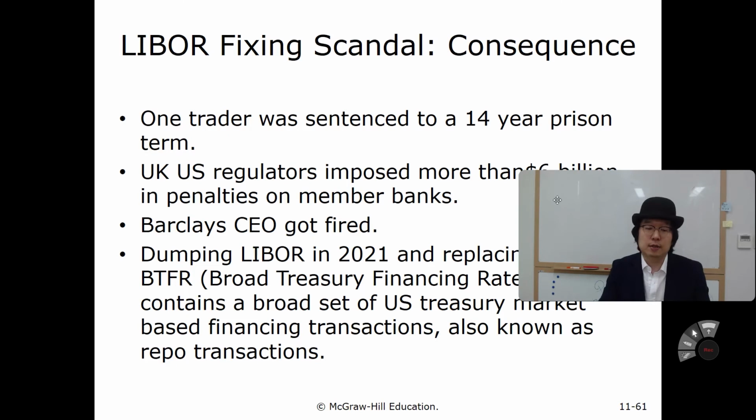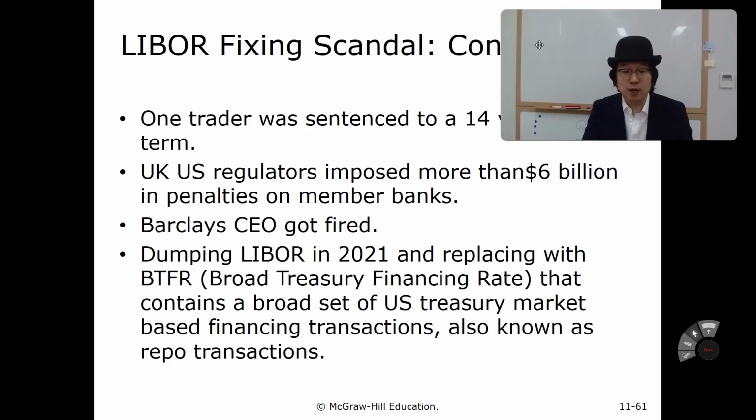And then they're going to be punished severely. And then US and UK regulators imposed more than $6 billion in penalties on member banks like UBS and Bank of America, all these guys, right? So that was what was happening. And then the Barclays CEO got fired because of this.